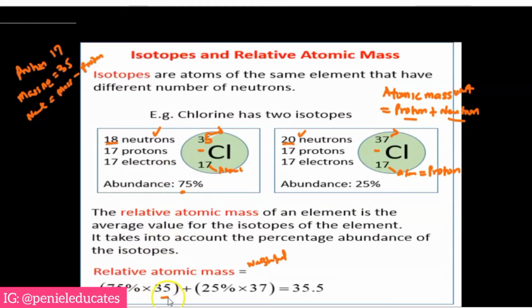You multiply it by the mass 35, plus 25%, which is the abundance of the mass 37, multiplied by 37. That is going to give you the relative atomic mass, or what we call a weighted average.